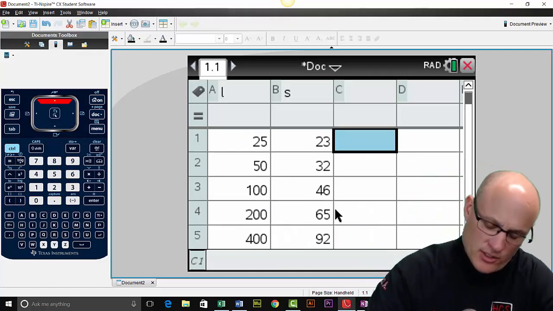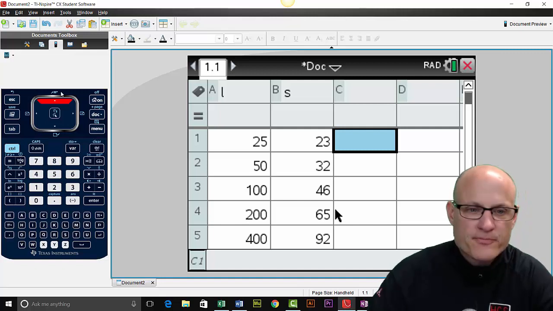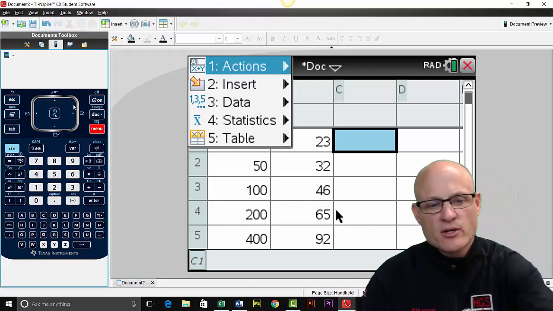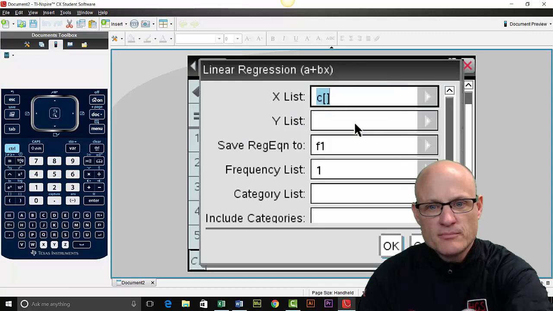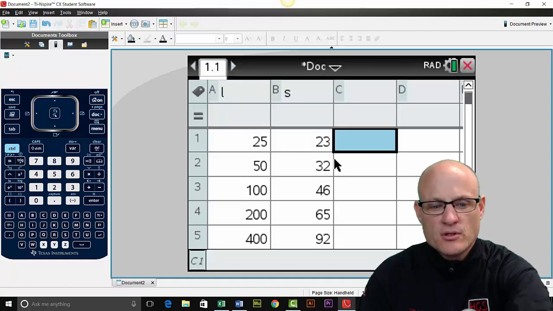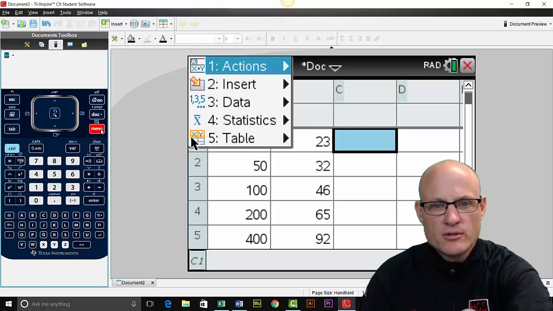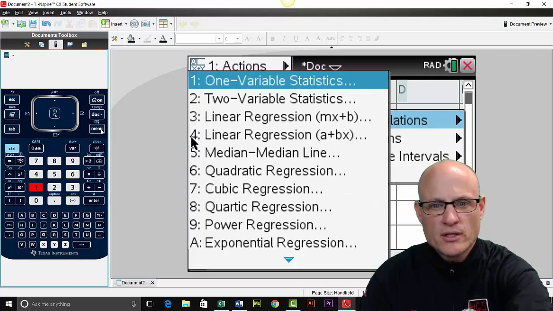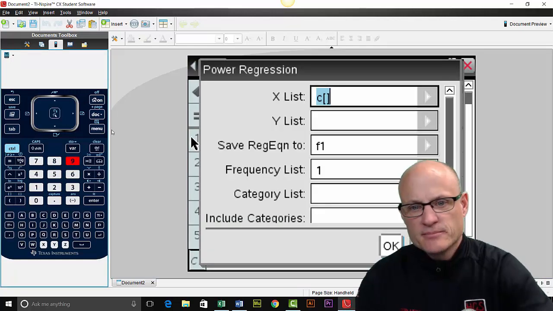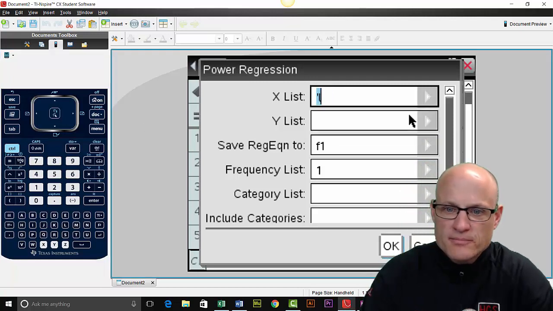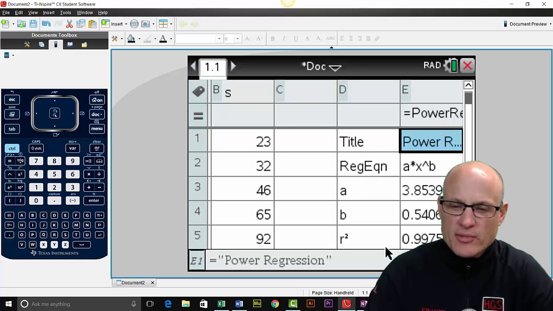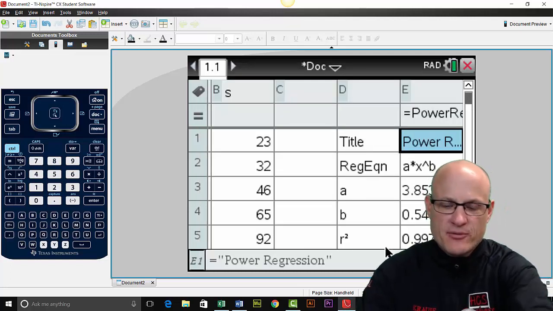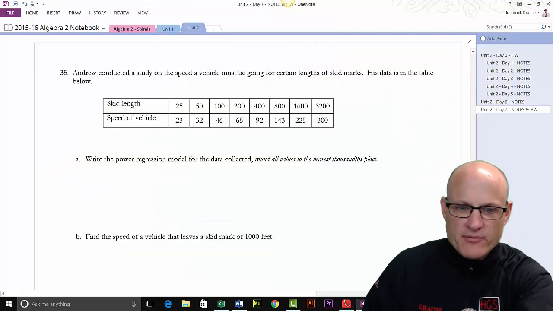All right, now we're going to go into menu. We're going to go 4, 1, and I hit the wrong button. Oh, menu, 4, 1, 9. We're doing power regression, length, skid mark, and there's my equation.